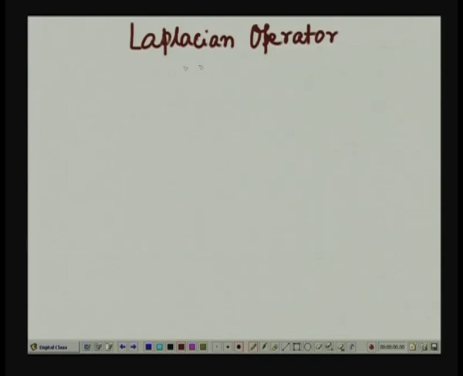We have seen the use of the Laplacian operator for enhancement of image details. Now, let us see how these Laplacian operators can be used to help in edge detection.